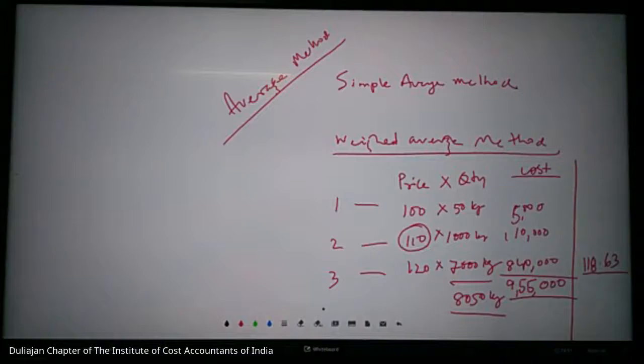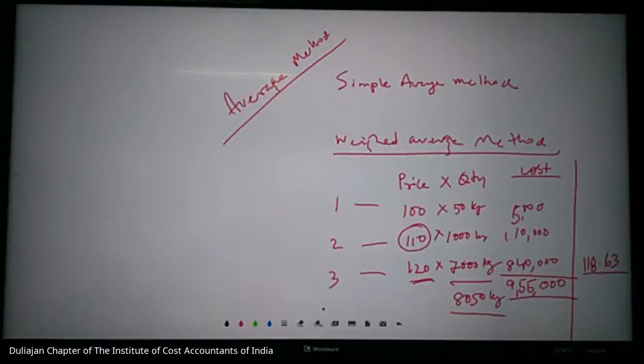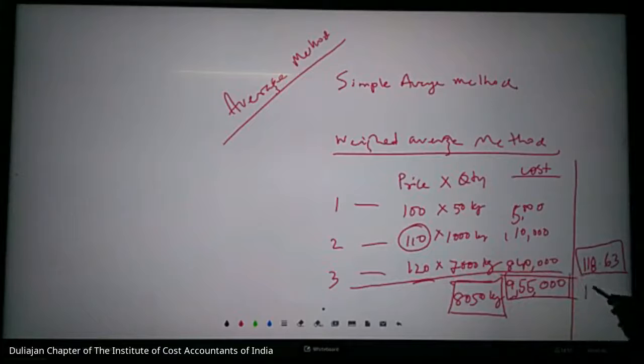Why is it 118? Because most of the items I purchased were near 120 rupees. So my weighted average, that is, the total cost I am recovering when I am charging all the 8050 units to my consumption, is 118.63.